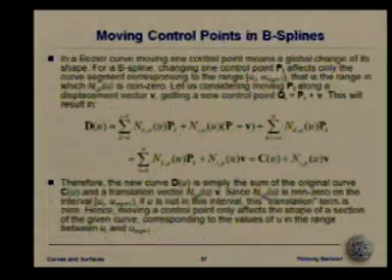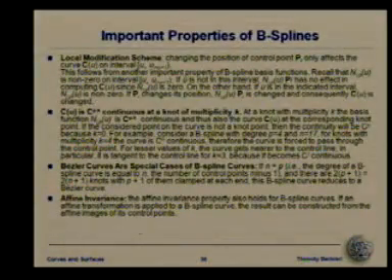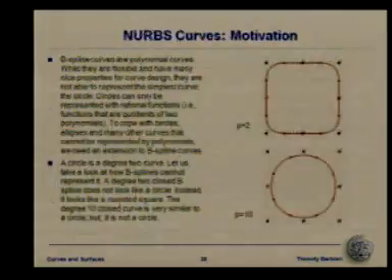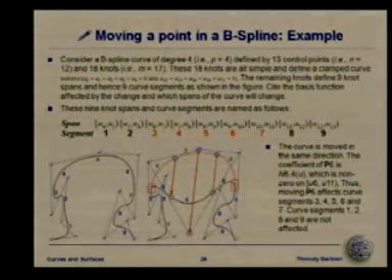The rule says, from Ui, i being the control point you move, to Ui plus p plus 1. So if I apply this rule, I'm moving control point 6.